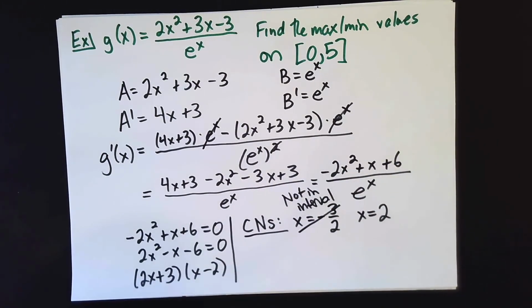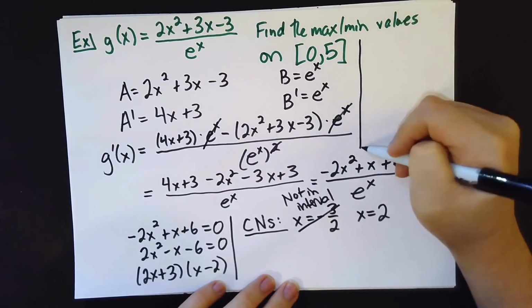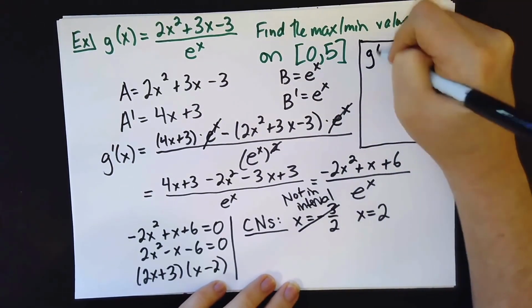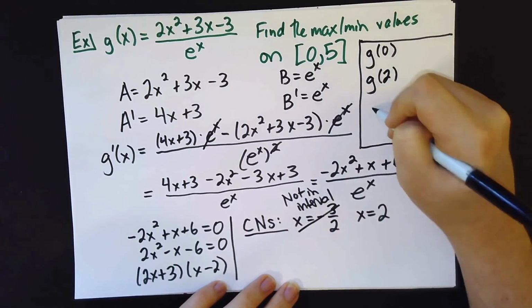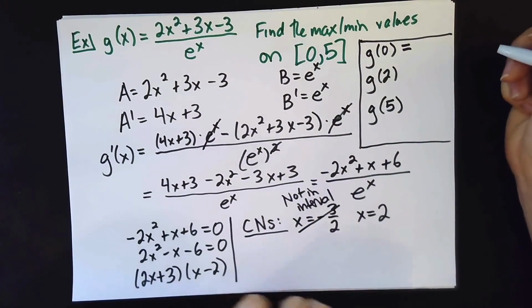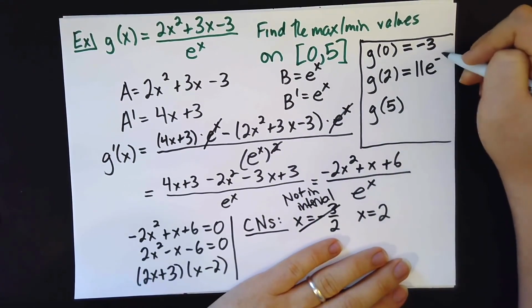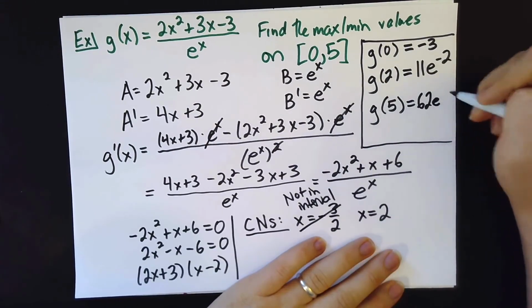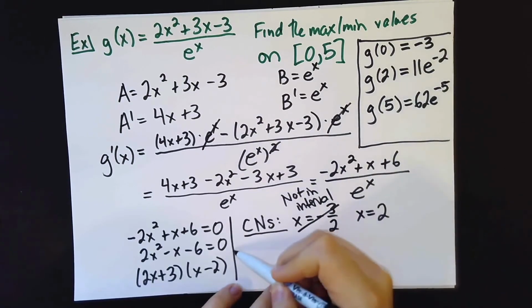And so as a result, this is the only critical number I have to deal with. I'll carve out some space up here. I need to find g of 0, g of 2, and g of 5. I'll go ahead and record those over here. These are our values of the function at these points.